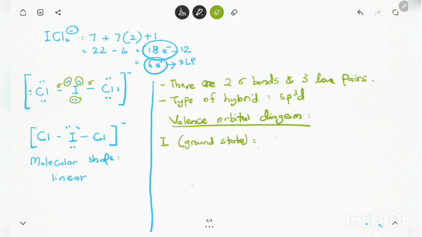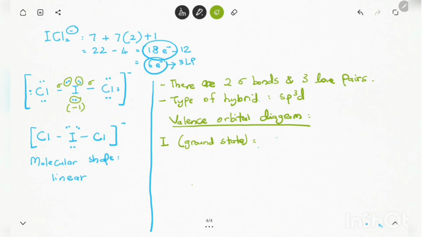Look at the Lewis structure. The formal charge for iodine is 7 valence electrons minus 3 lone pairs, meaning 6 electrons, and we have 2 bonds, so 7 minus 8. So the formal charge for iodine is -1.